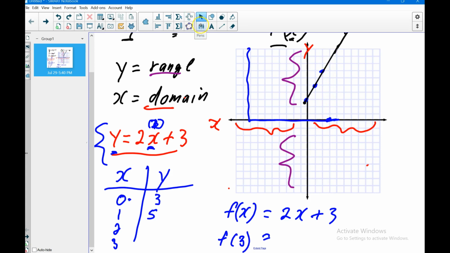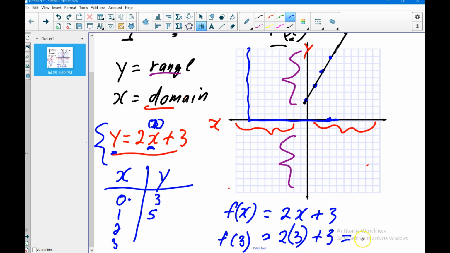So it will be 9. It'll be right there on the graph. But let's put the number in and double check. 2 times 3 plus 3 gives us 6 plus 3 is 9, which also falls on that graph.